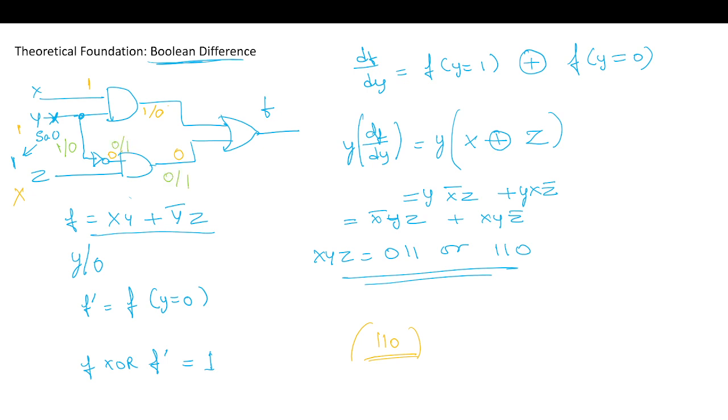If we want to propagate from this, we want this value to be 0. To get this value to be 0, x should be 0, and we should have a non-controlling value, which is 1 here. So it is 0, 1, 1. So we can see either of these test patterns can detect the fault. So this is the Boolean difference based method.